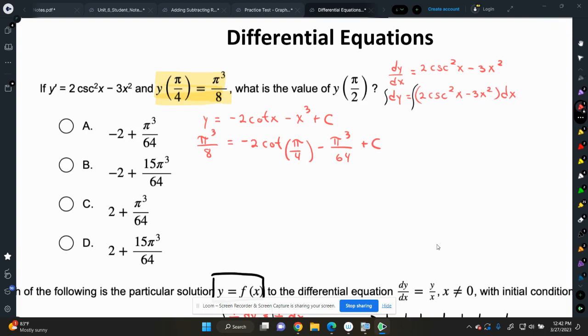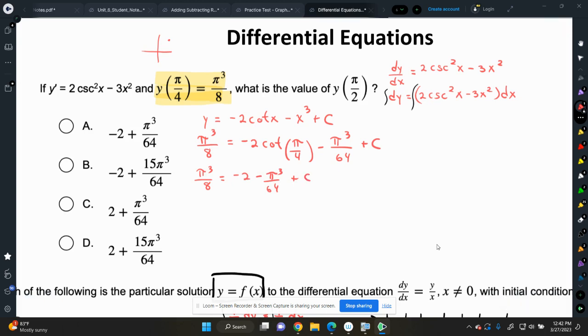Because it's x to the third, so it's pi over 4 to the third, which would be pi to the third over 64. Okay. What's the cotangent of pi over 4? Would be the cosine over sine. It's x over y, which is 1. Yeah. So we have pi cubed over 8 equals negative 2 minus pi cubed over 64 plus c.